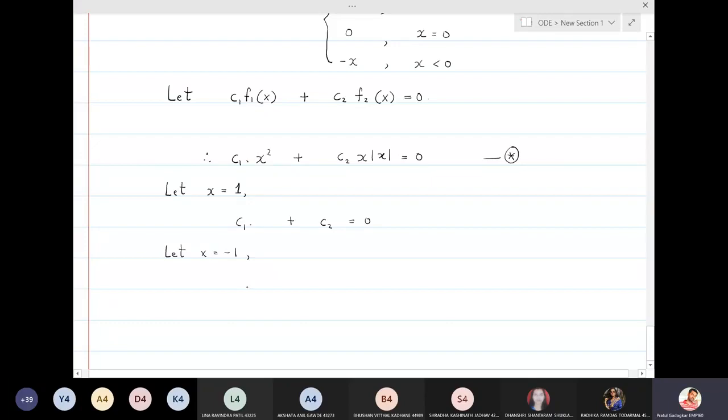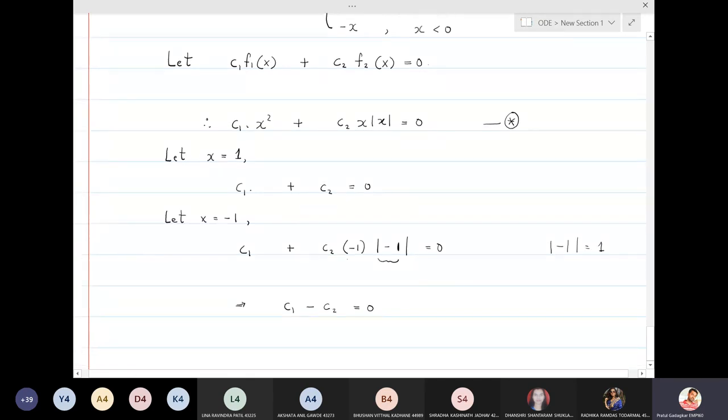C1 into minus 1 square, which is again 1, so this is C1, plus C2 into minus 1 into mod of minus 1, since it is x into mod of x, equal to 0. Mod of minus 1 becomes 1 and this minus 1 remains. So I will get C1 minus C2 is equal to 0.